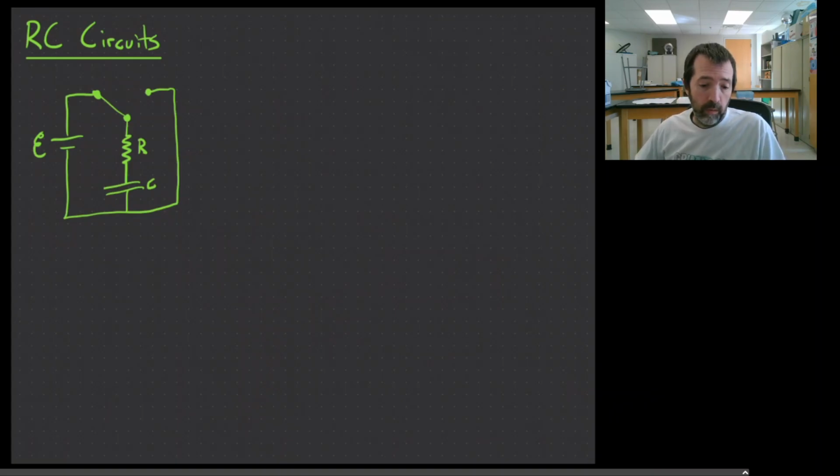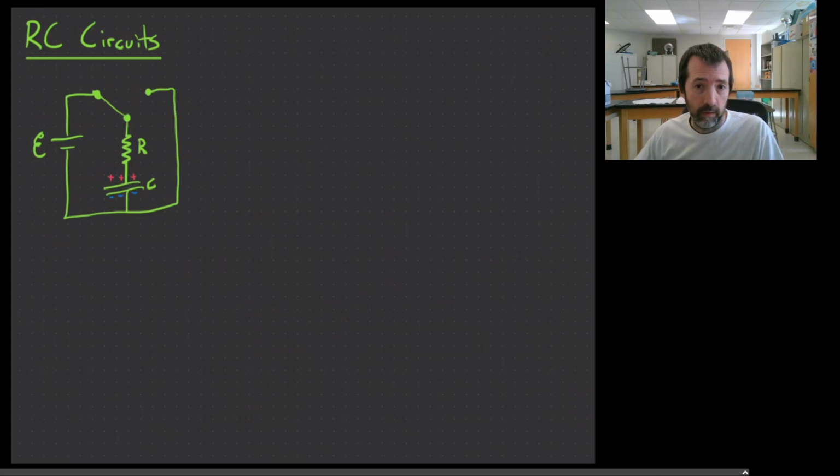So when I do that, positive charges accumulate on the top plate. Those positive charges repel positive charge away from the lower plate, which leaves the lower plate with a negative charge. And that's the process by which capacitors become charged.